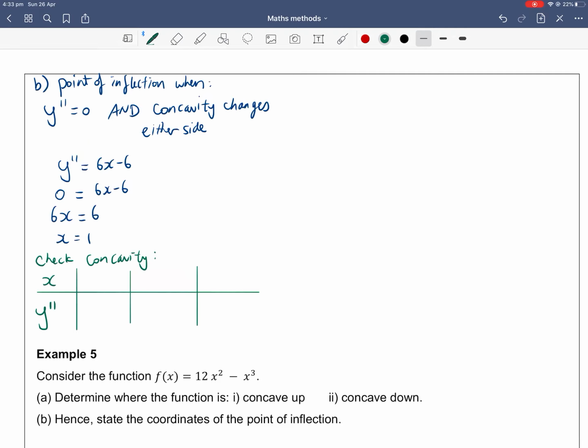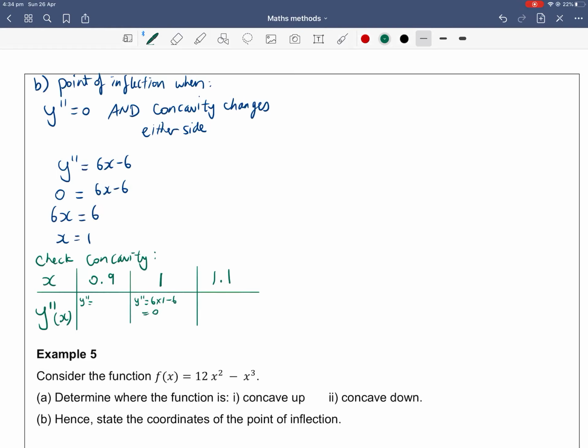We're checking for the y dash dash values, not the gradient values, but the second derivative values. So we're checking when x equals 1, and then a little bit left, let's say 1 minus 0.1, which is 0.9, and a little bit to the right, which is 1.1 as well. So the y dash dash at the point 1, so y dash dash is 6 times 1 minus 6, which is 0, which is good.